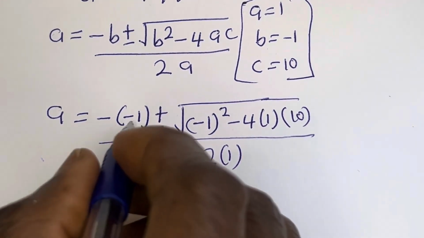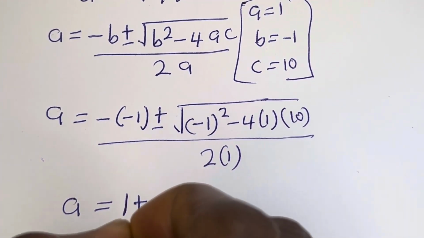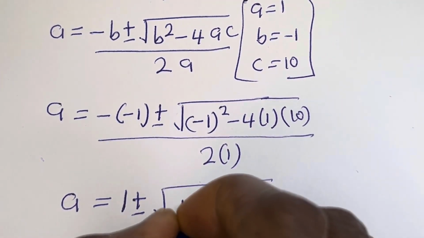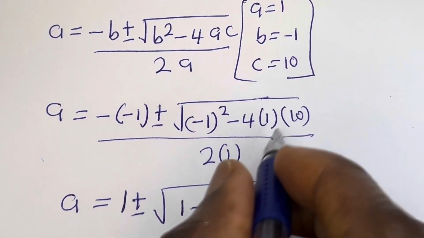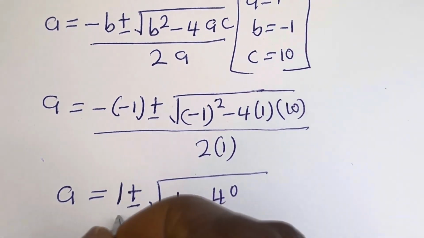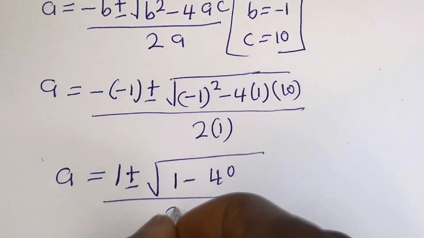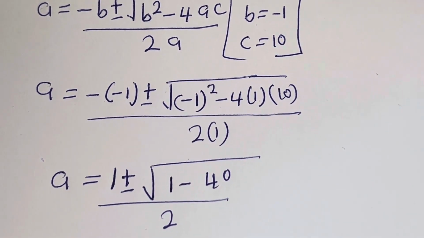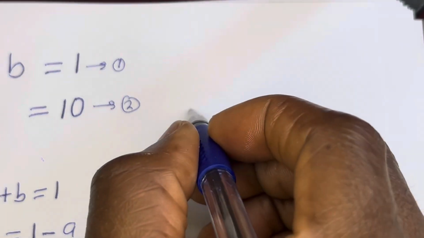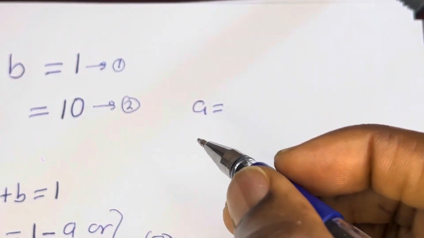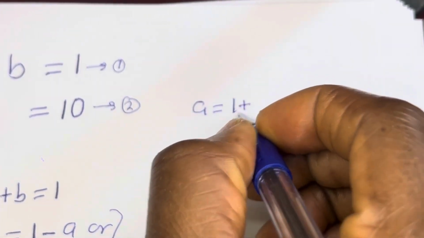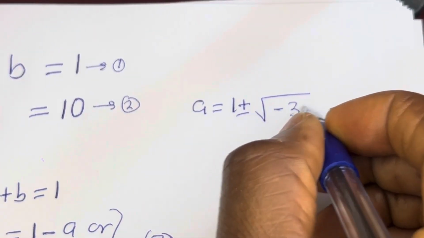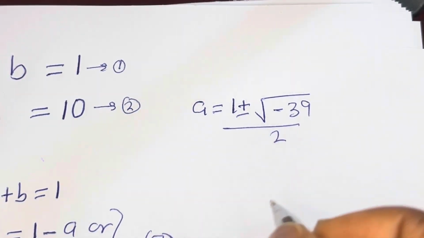a is equal to minus times minus 1, this is 1, plus or minus square root of minus 1 squared, that is 1, minus 4 multiplied by 1 multiplied by 10, that is 40, everything divided by 2. a is equal to 1 plus or minus square root of 1 minus 40, that is minus 39, over 2.